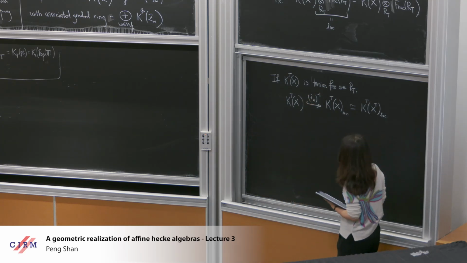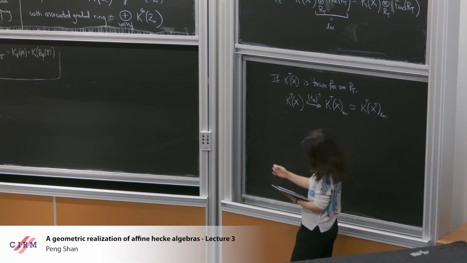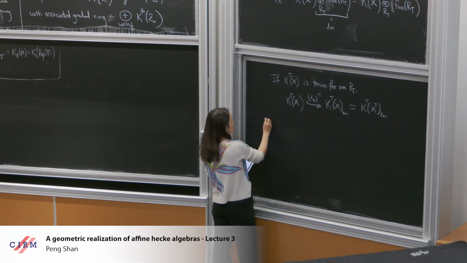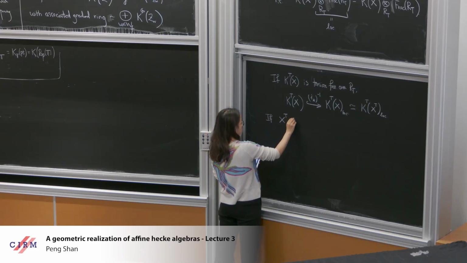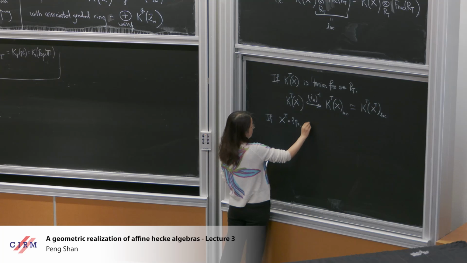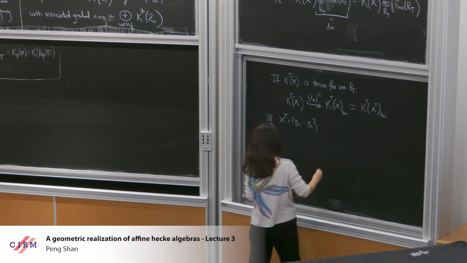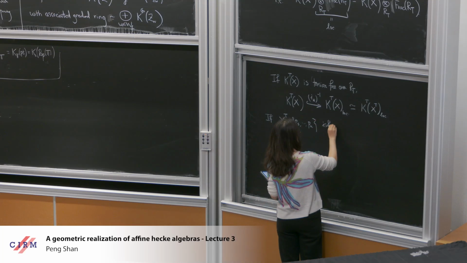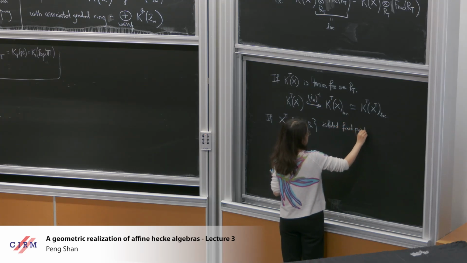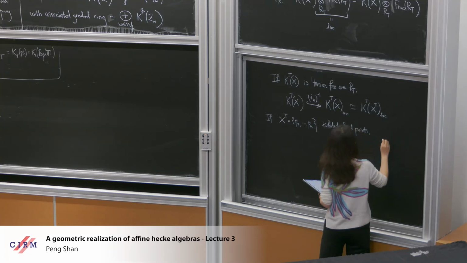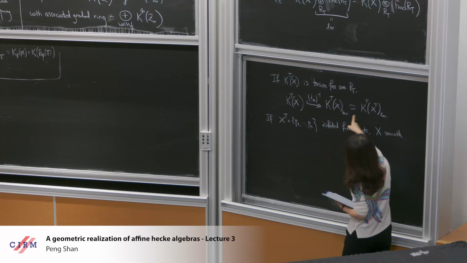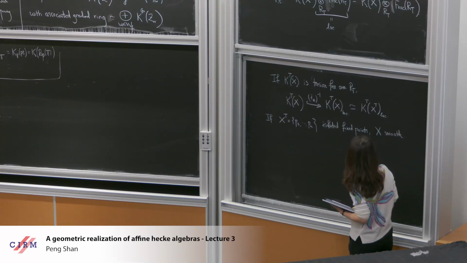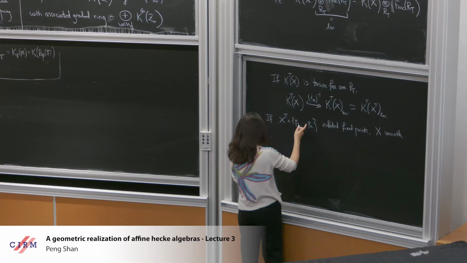And in many good situations, like the situations we're going to consider, when the fixed points are isolated, let's say P1, ..., Pn, isolated fixed points, and if your X is smooth, then this map can be computed quite explicitly. So what is this?